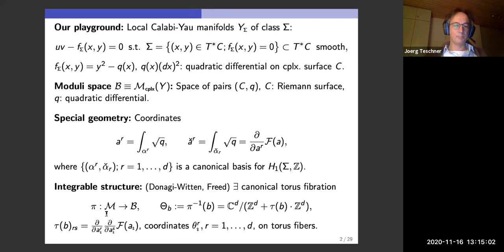Okay, so M and B are our key players. So basically, it is all about the geometry of M, but this in turn appears to be mostly determined by structures or data associated to the base manifold B.